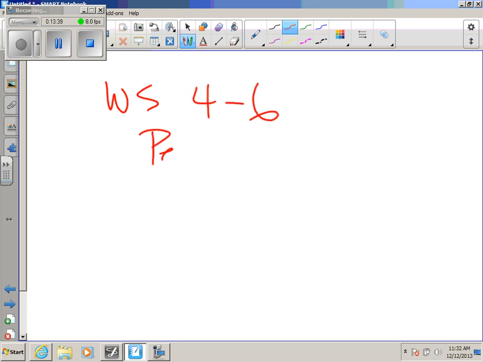Okay, there are two sides to that worksheet as well. We're going to focus on worksheet 4-6, which is titled Perimeter. Find the perimeter of each figure for numbers 1 through 14. There are a mixture of shapes there.